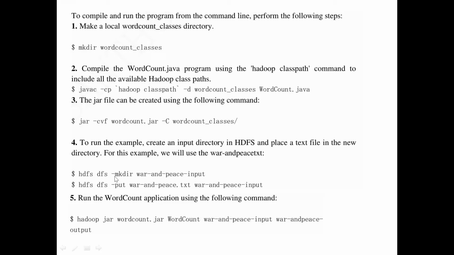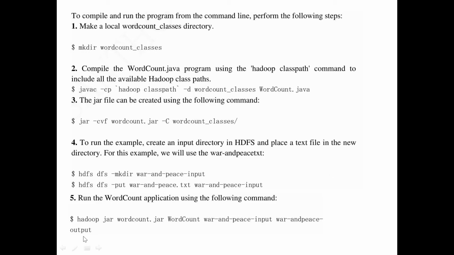Then we'll be running this word count application using this command: hadoop jar wordcount.jar WordCount war and peace input. There is your input, and the output will be stored into war and peace output here.